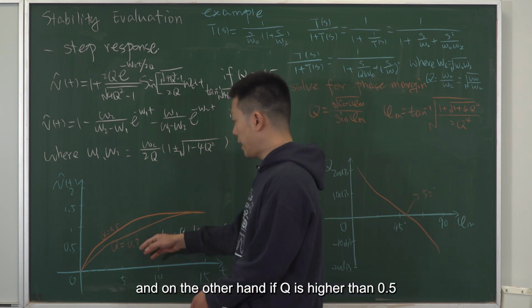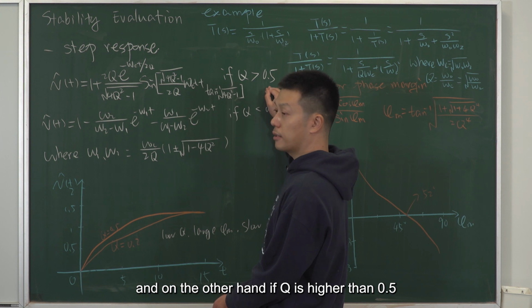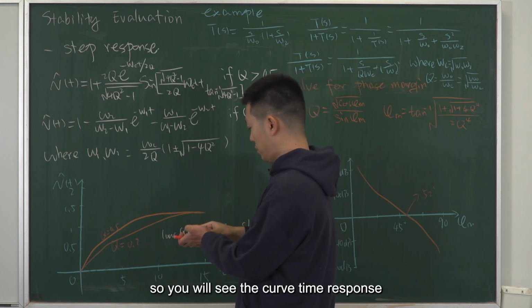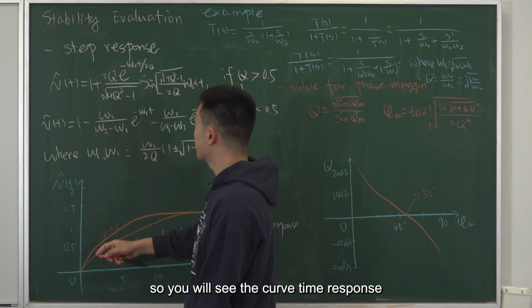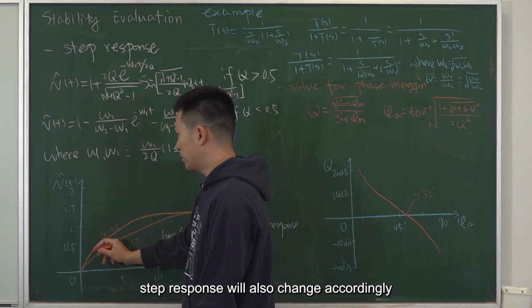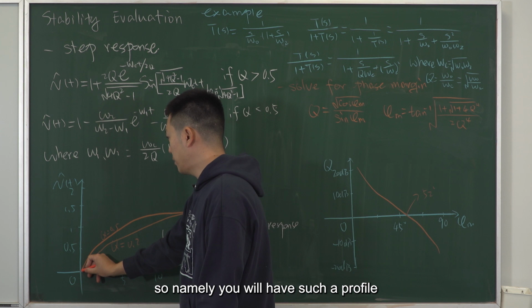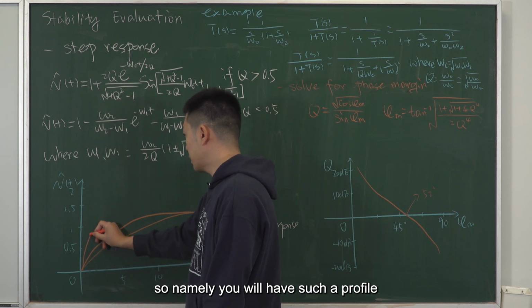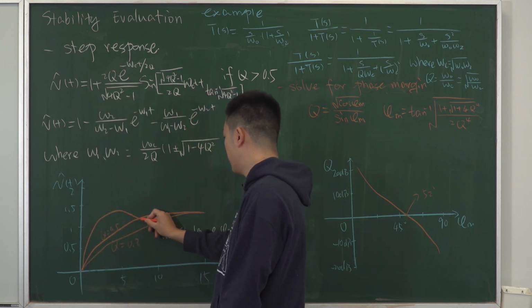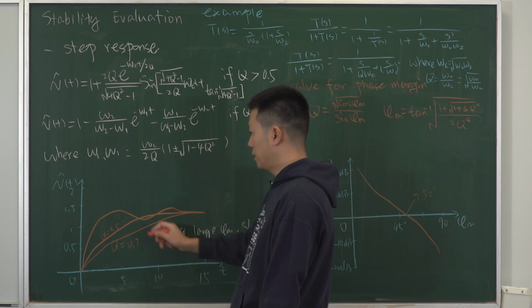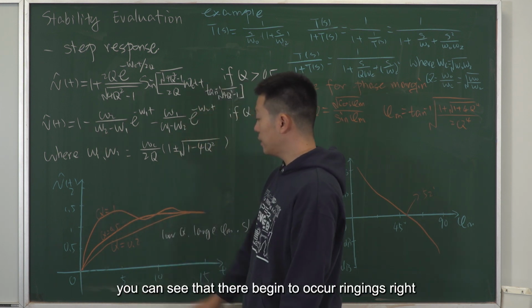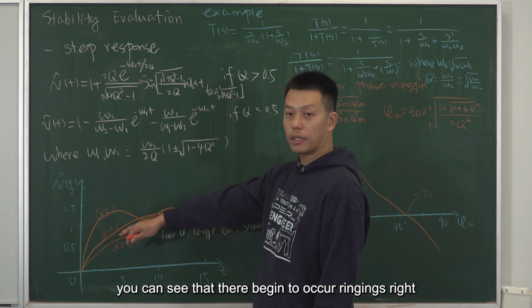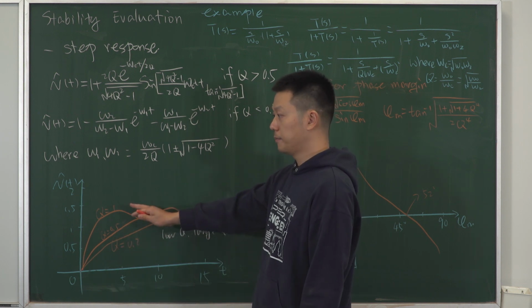And on the other hand, if Q is higher than 0.5, you will see the step response will also change accordingly. So namely, you will have such a profile. So this is the case for Q equals 1. You can see that there begin to occur ringings, right?